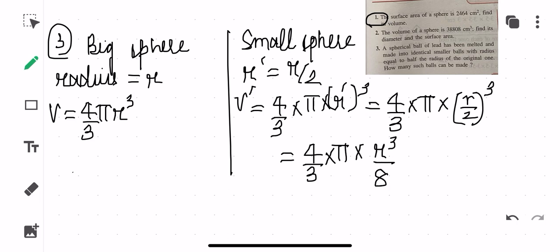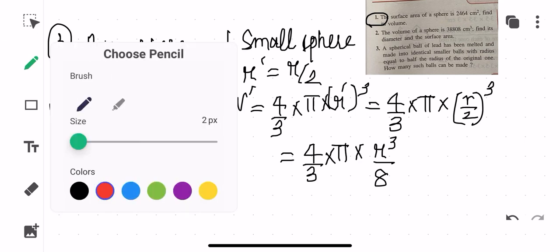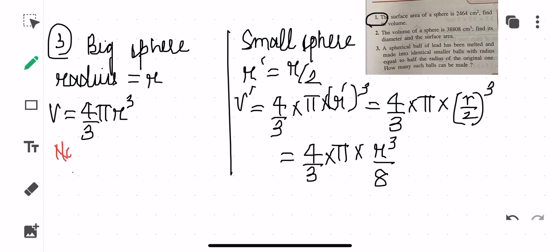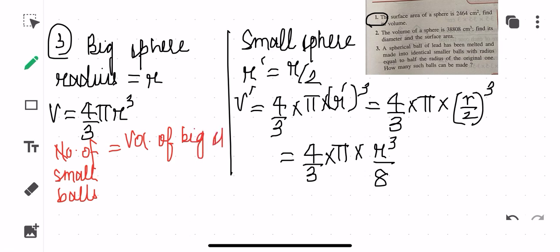Now what we will be calculating, the number of smaller balls will be equal to the volume of the big sphere divided by the volume of the small sphere.